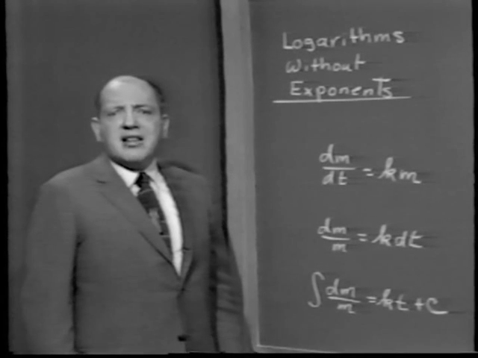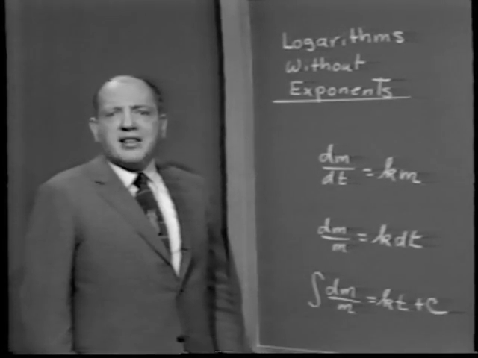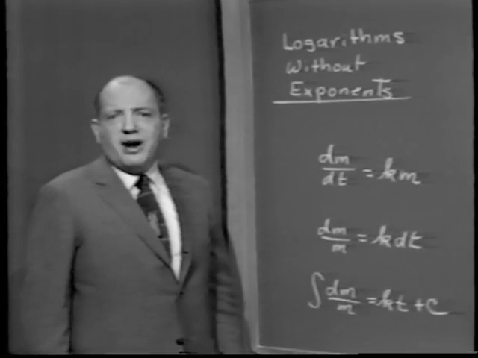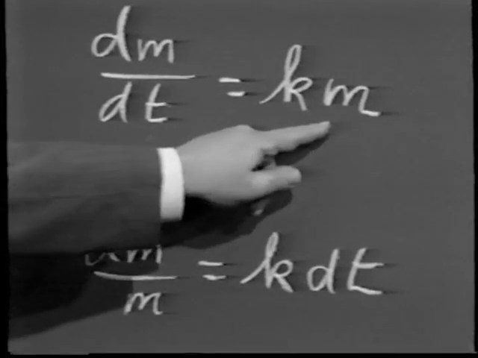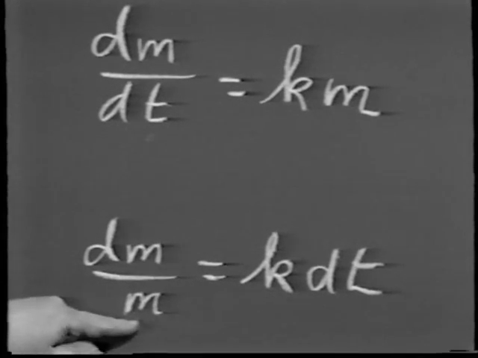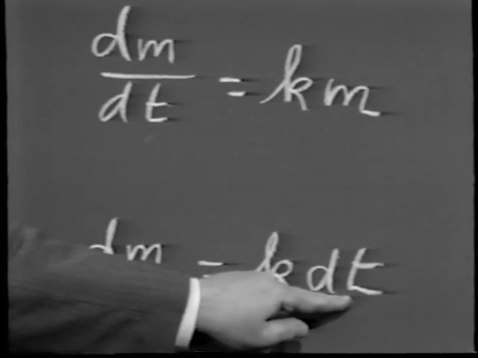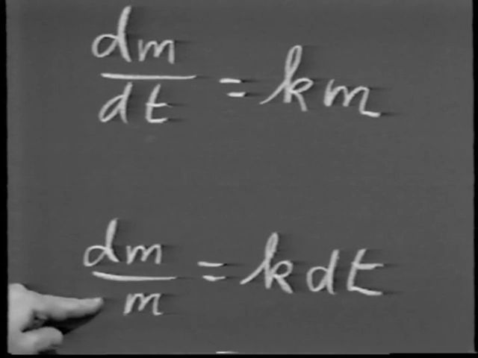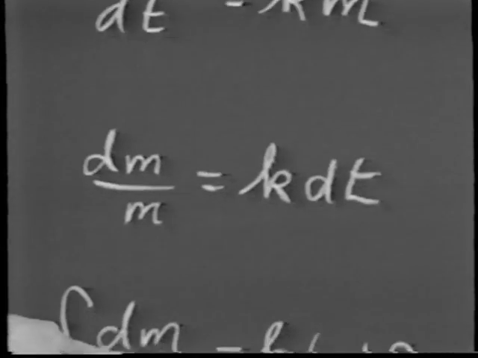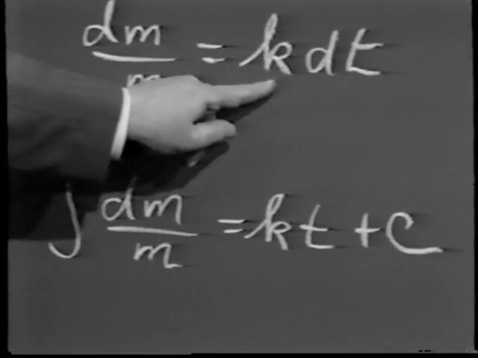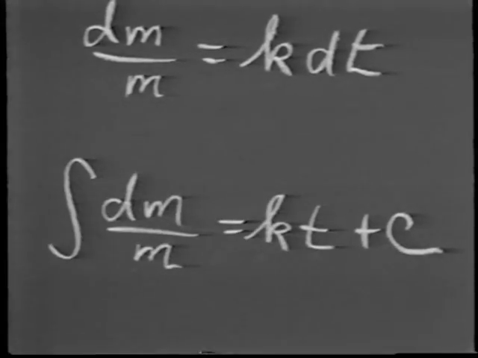At any rate, let's apply our previous principles and see if we can't, from this differential equation, figure out what m has to be. Separating the variables, we get dm over m equals k dt, and now integrating, meaning taking the inverse derivative, we have that the integral of dm over m is equal to kt plus a constant.